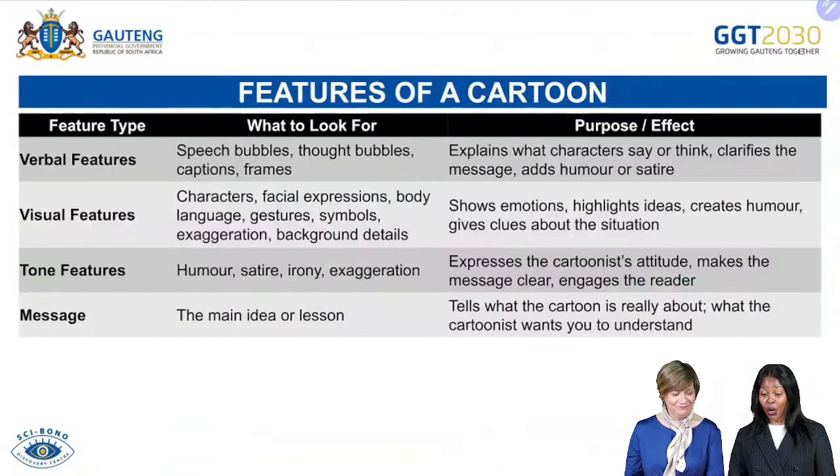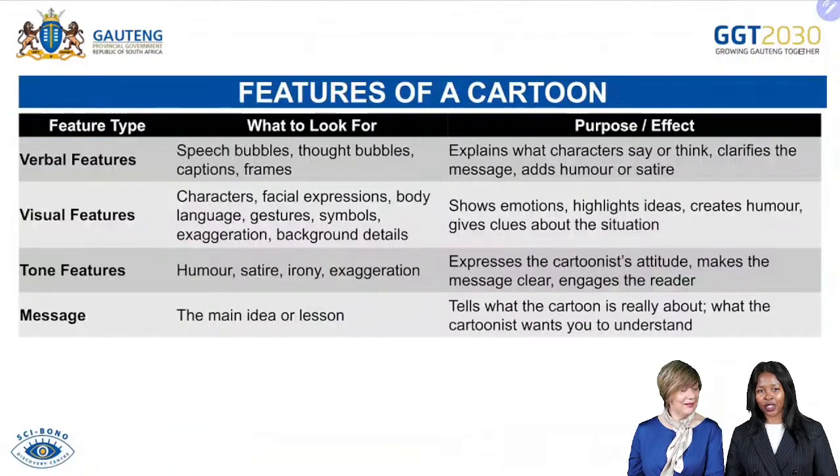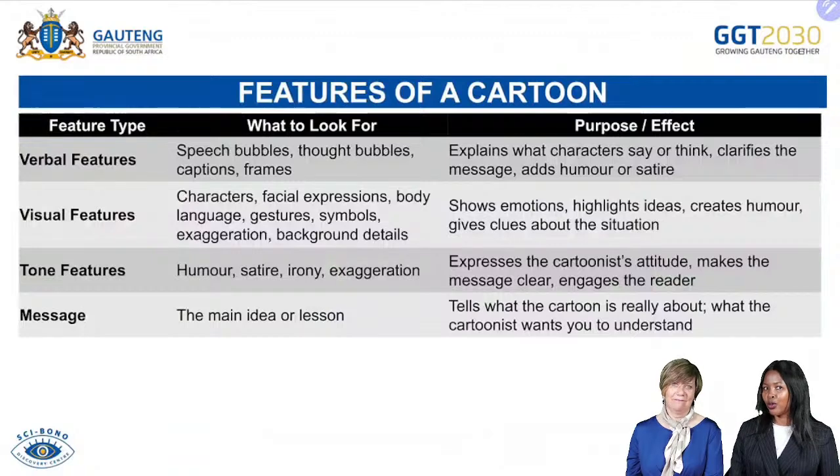Then we've got tone in this case. And the question would be, how do we find tone? Remember, tone is in the voice. And sometimes how we say certain things, that's where the humor can be hidden. Hence, we look for humor, satire, irony. Now, remember, grade 12s, the irony question is a very important question for you to note. We can have it in paper 1, but we also have it in paper 2.